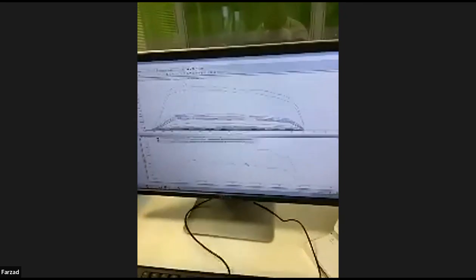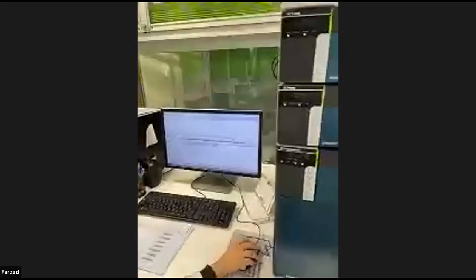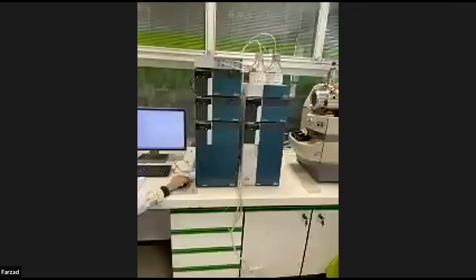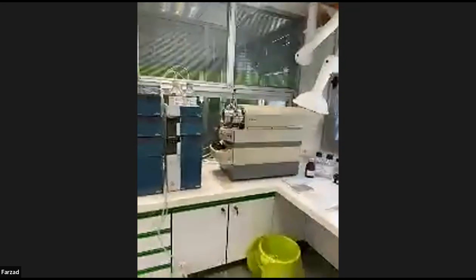And if we had a pathological case, the intensity of the two signals would be the other way around, opposite of what we have here. So this is the whole process of metabolic disorder screening. I hope I was able to show you the whole process.